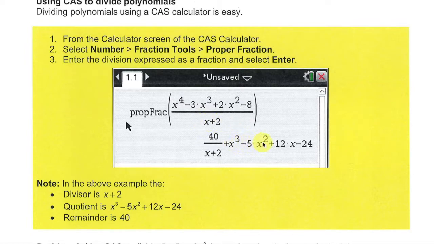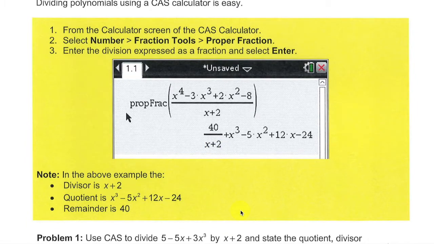The x cubed minus 5x squared plus 12x take away 24 is referred to as the quotient. The remainder is 40 and the divisor is x plus 2. In order for us on our CAS to go from this quartic divided by the linear and get it into that form, I just go number, fraction tools, proper fraction.